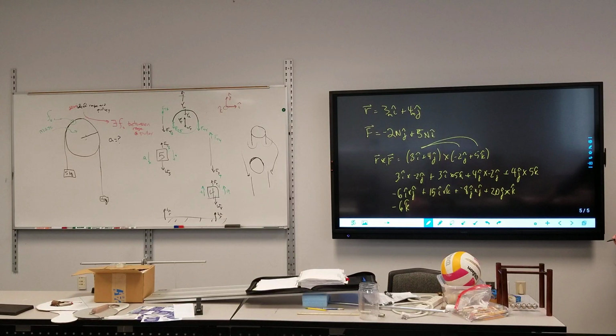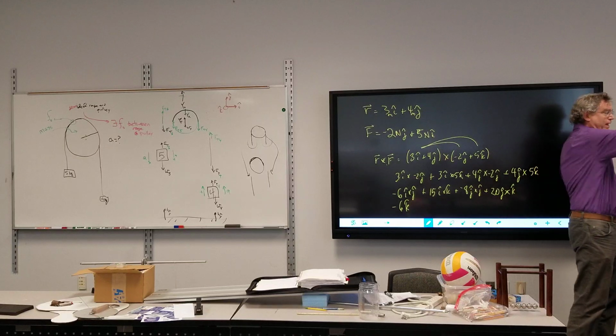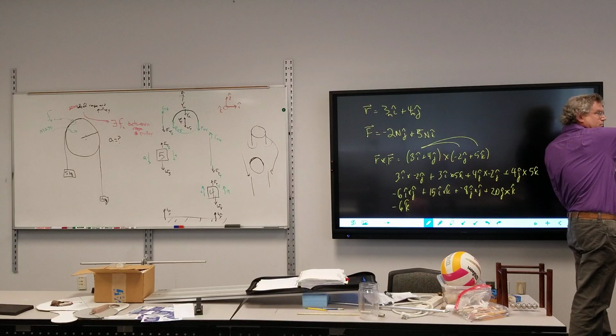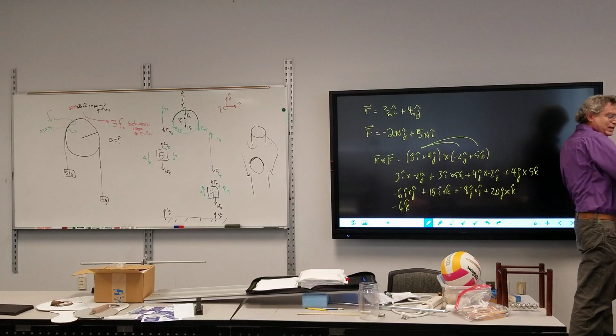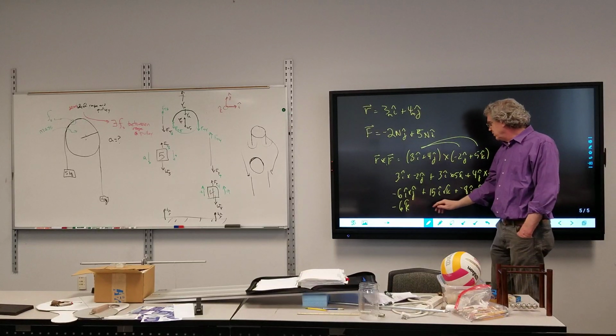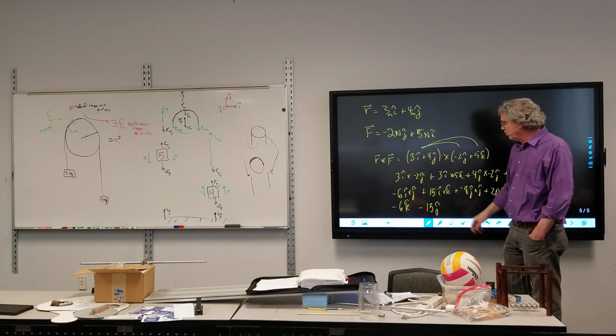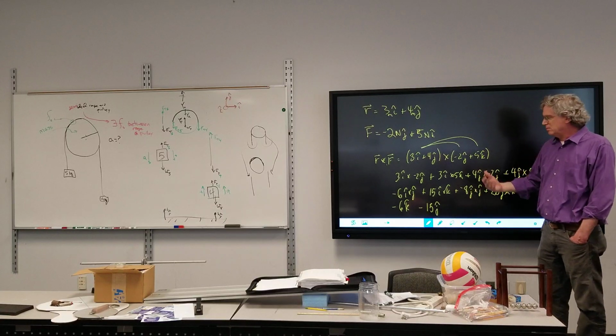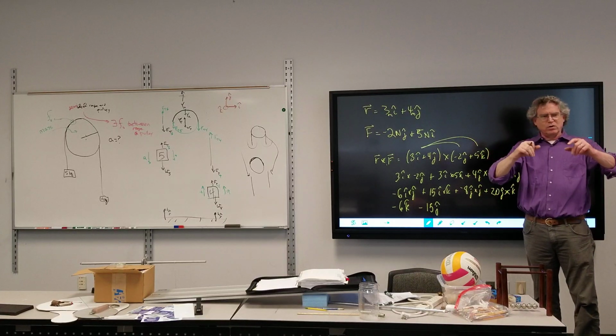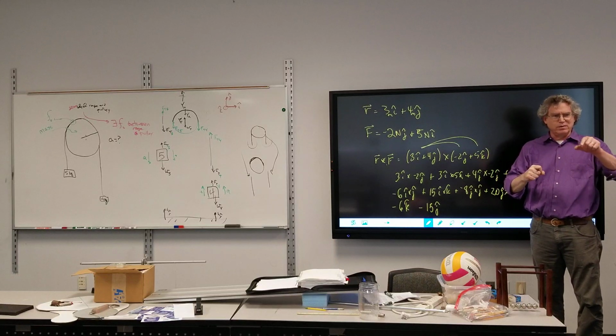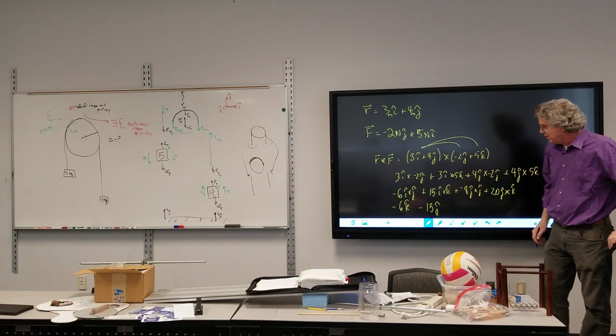Negative j hat. I is this way, k is out. So the hand goes out, the fingers curled outwards, thumb points down. So this is -15 j hat. Just make sure that it doesn't look like it's 15 minus j hat. It's 15 times negative j hat.